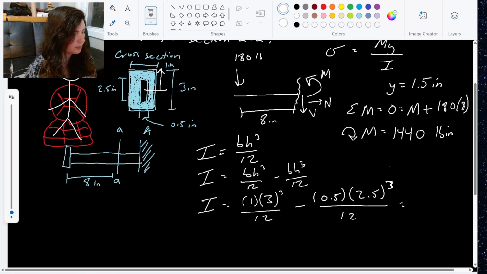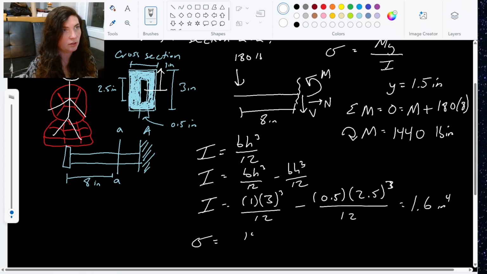And I can punch that into my calculator to get 1.6 inches to the fourth, right? These were all in inches. Moment of inertia always gives me a length to the fourth power. So that gives me everything now, and I can plug all that in.